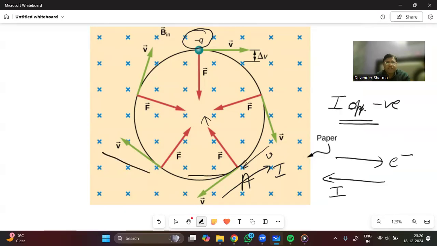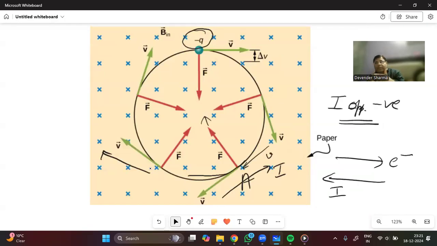Say the particle reaches another point. Remember, again, we have to see the direction of positive charge. If the charge becomes negative, the direction will be opposite to that of the charged particle, because ultimately our rule is father, mother, and child. FBI.